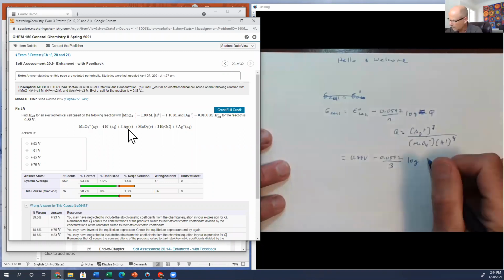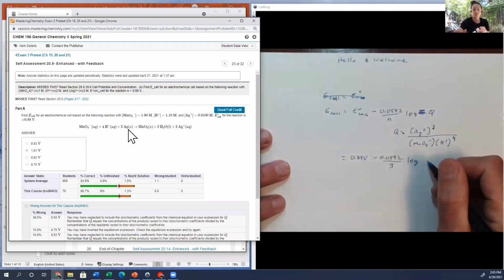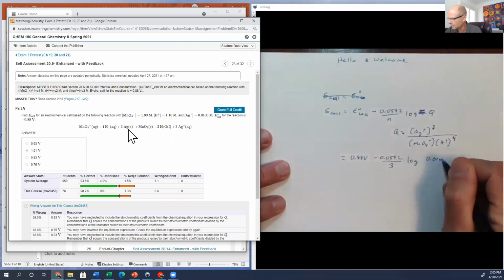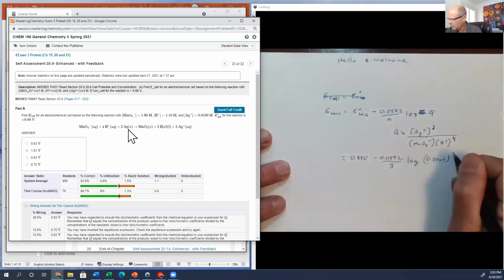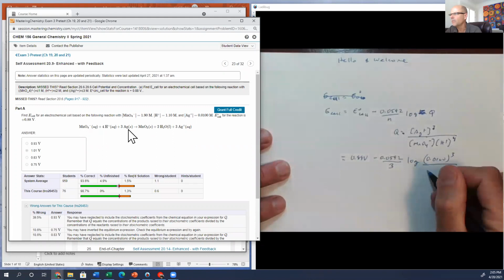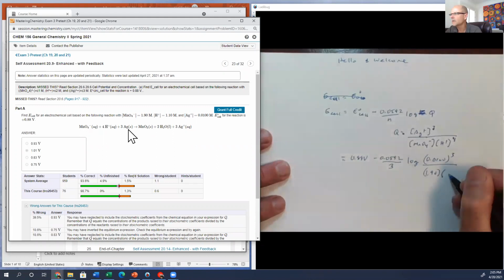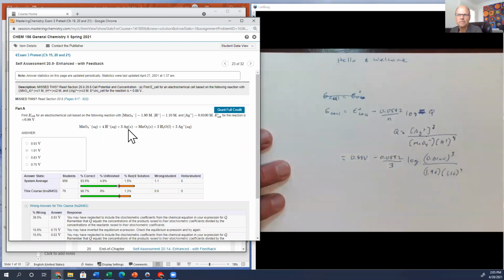So for the log of the concentration, I don't know if you were given the same concentrations as I was here, but that's going to be 0.0100 cubed, divided by the concentration of MnO4 minus, 1.90, times the concentration of H plus raised to the 4th power. So you just got to enter all that in, and that should give you your answer.